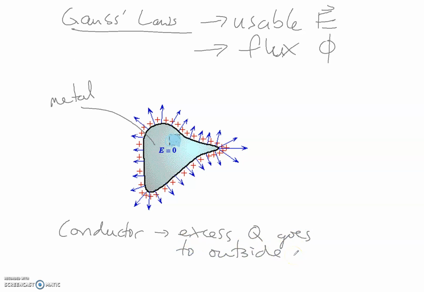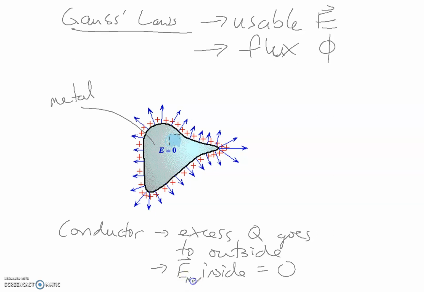Okay, so if this is a piece of metal conductor and you put a bunch of positives on it, the positive charge would all go towards the outside because, of course, they're repelling from each other and they would go as far away as they possibly can from each other and they'd all go to the outside. And not only that, because of this, the electric field inside is equal to 0. All the electric fields inside of here would actually cancel out. So there's no electric field or no net electric field.